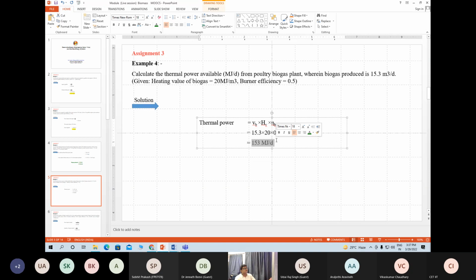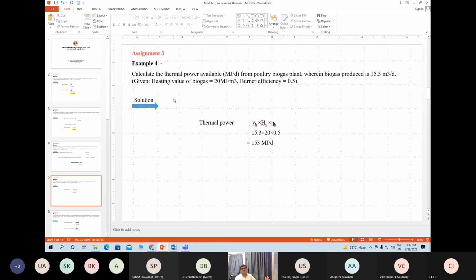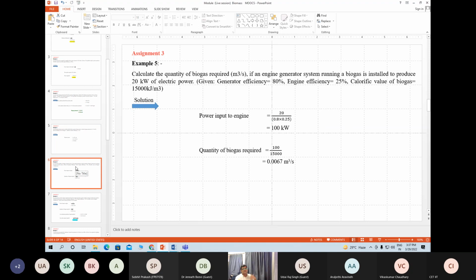Again, it's a very simple example, just a one step example. I thought of giving a one step example here so that I can see whether you really understood the particular topic while attending the lectures or the practice sessions of the examples or not.